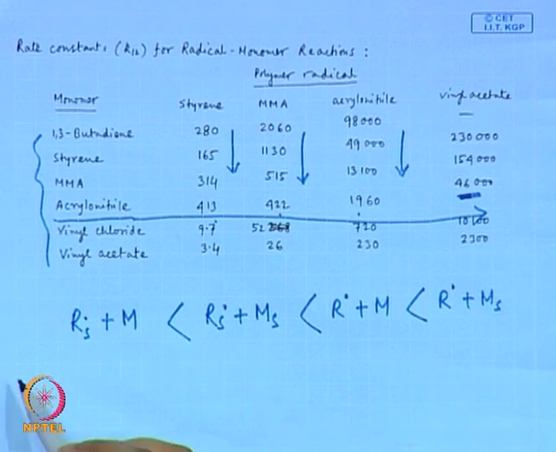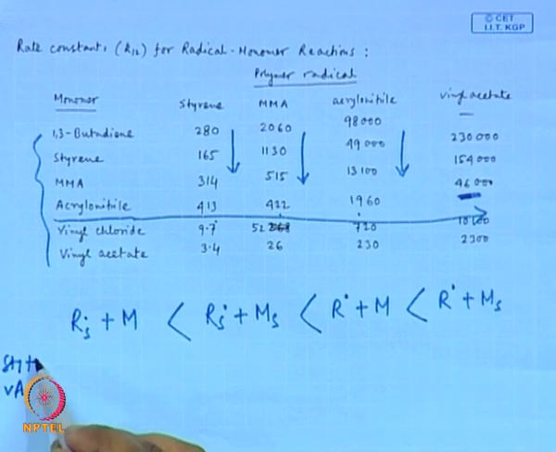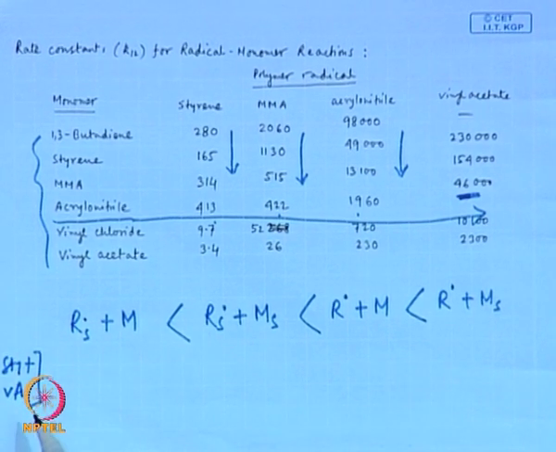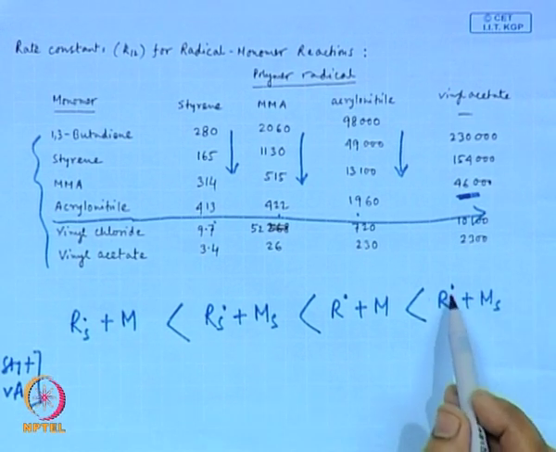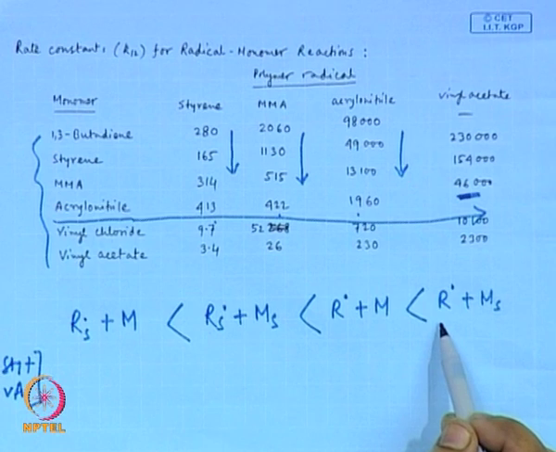So, if you compare the reaction of styrene plus vinyl acetate, this radical from vinyl acetate will be highly reactive.